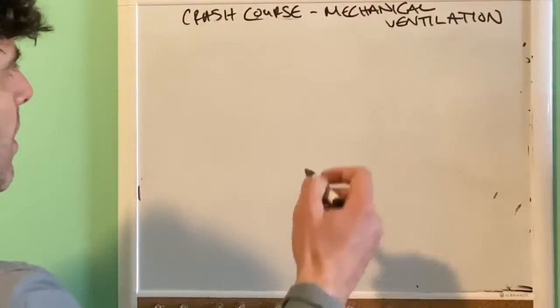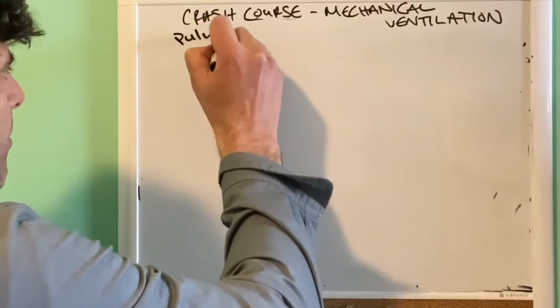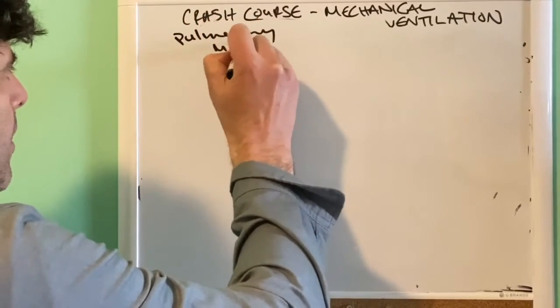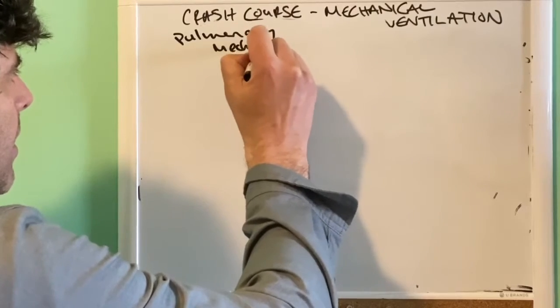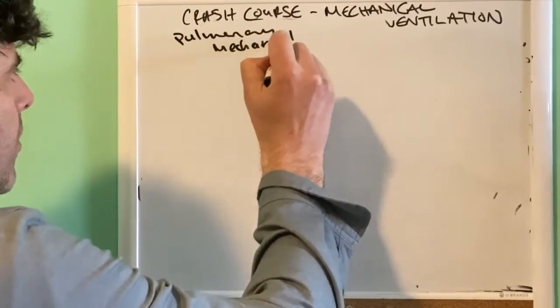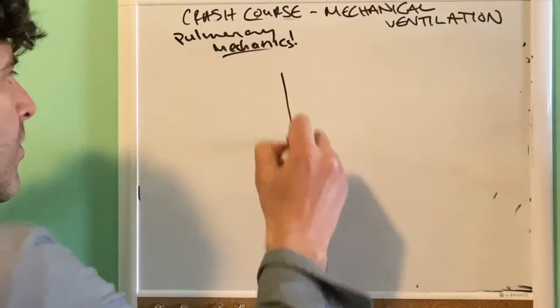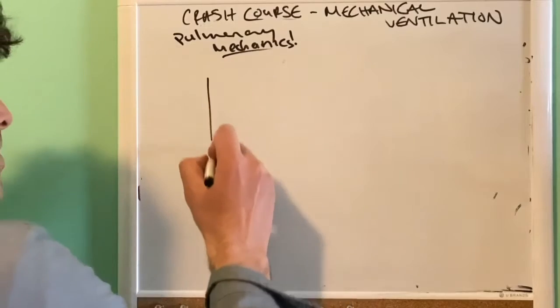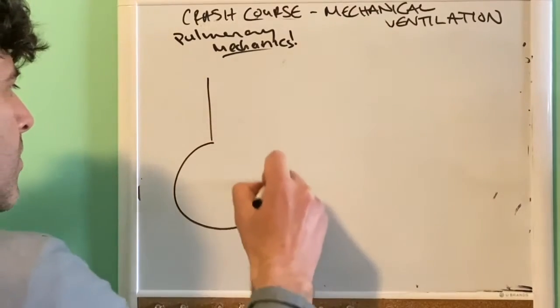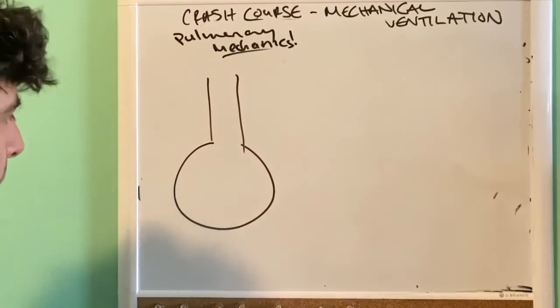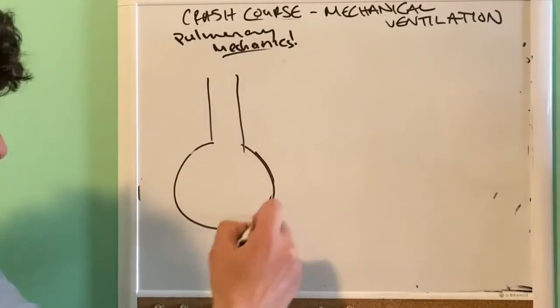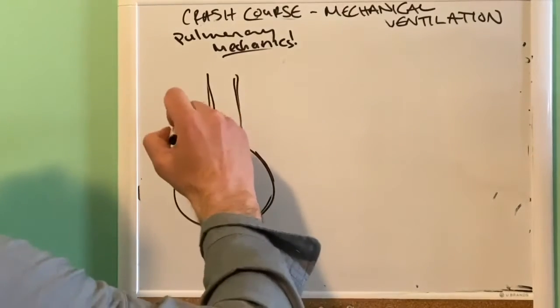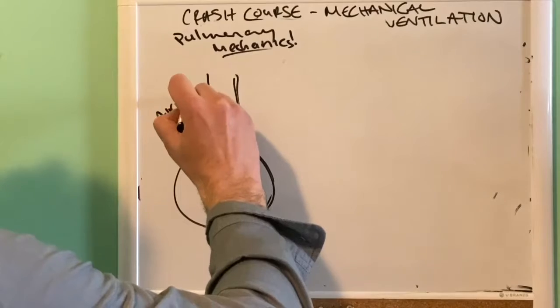All right, pulmonary mechanics. If we take a simplified version of our respiratory system, we're going to say this is the sum of all our alveoli, and these are our airways.